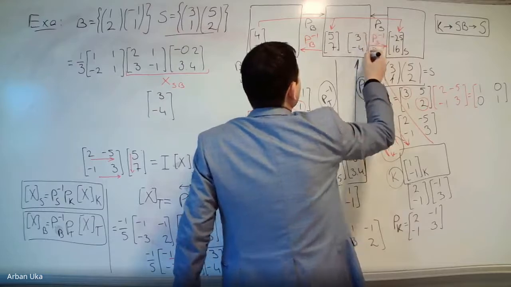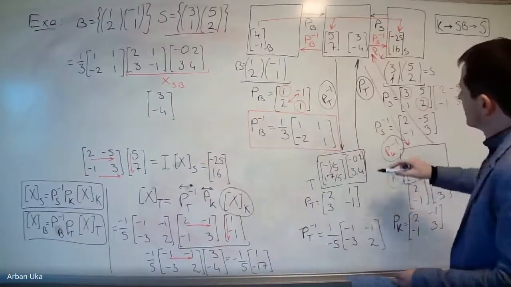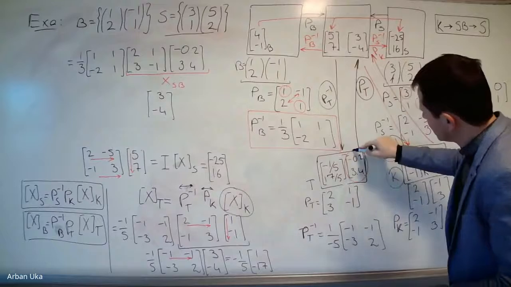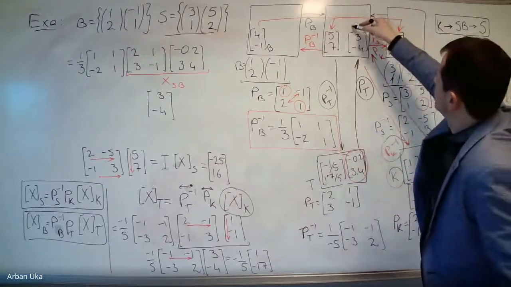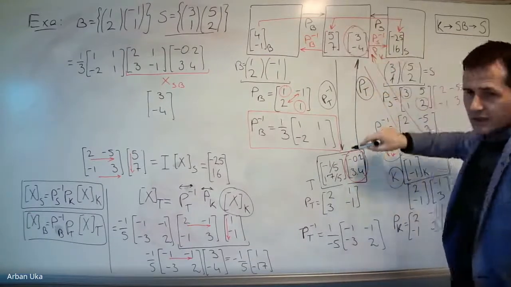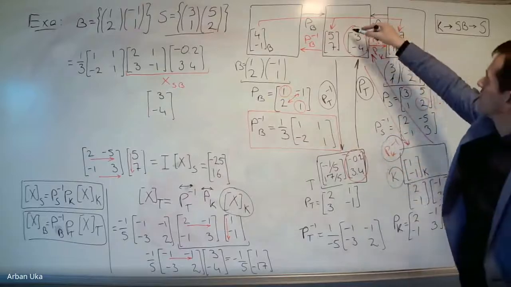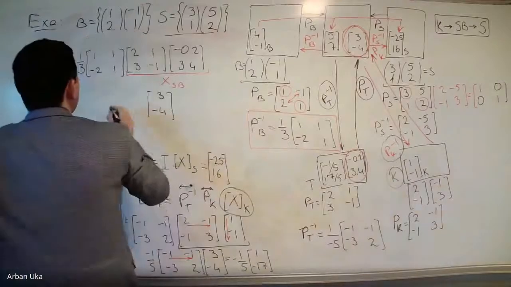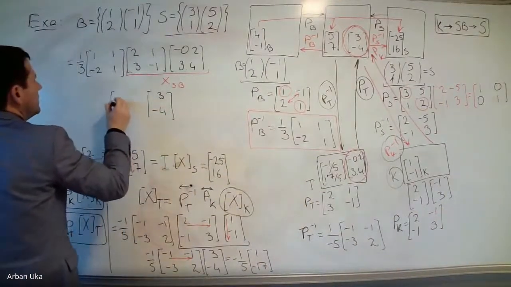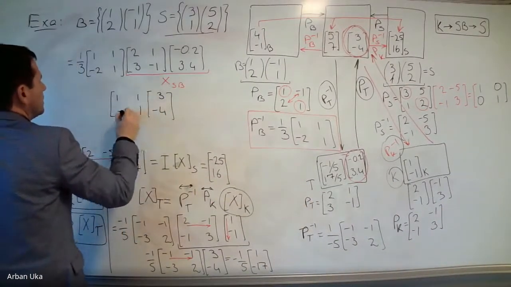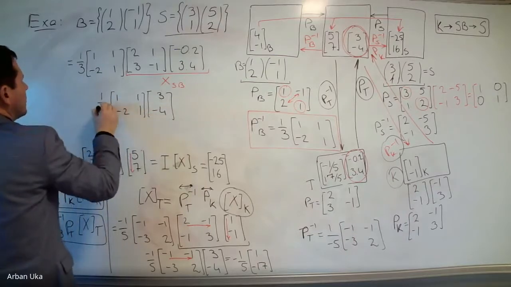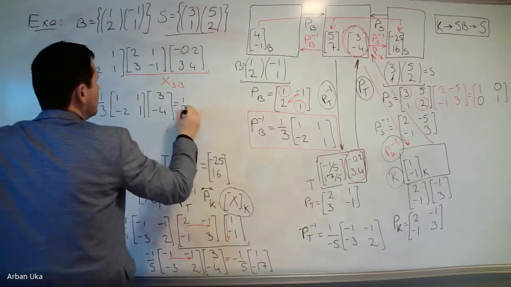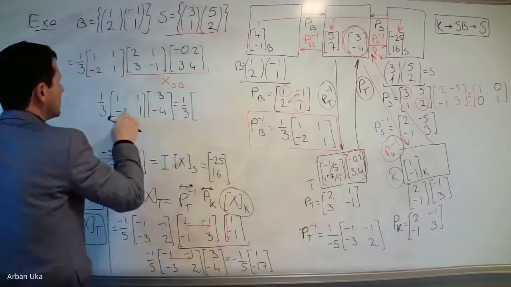3, -4 is this vector that I'm circling in red here, so that you can distinguish it. Let's multiply this one with the PB inverse, 1 over 3 times [1, 1; 1, -2].